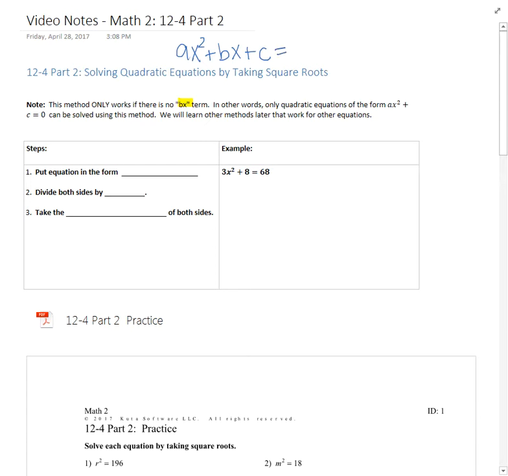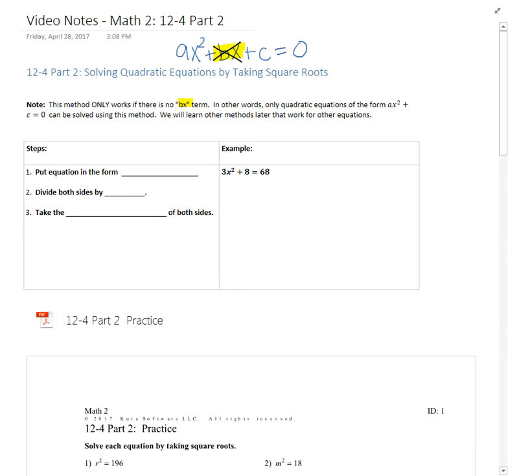For a quadratic equation, we make that equal to 0. So we cannot have this term to use this method that we're going to go over today. We will learn other methods that will work for the case where there is a bx. So if there is one, just know you cannot use it. So we're basically just going to have ax squared plus c equals 0, where a and c are going to be filled with numbers.